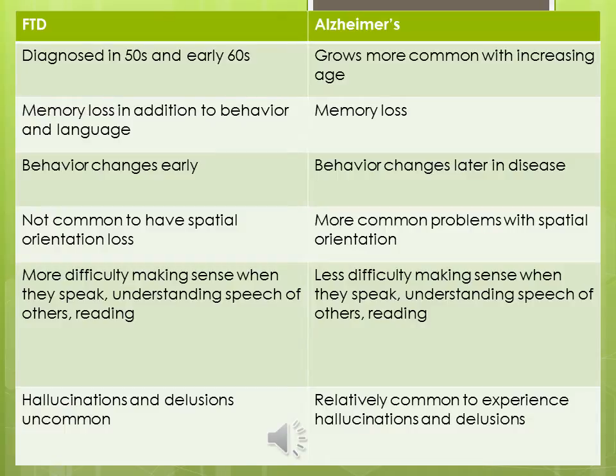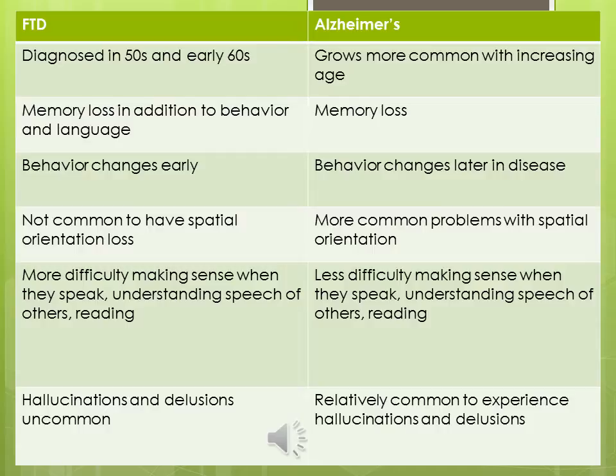So this is just a slide comparing FTD and Alzheimer's. As you can see, it maps out the differences between both conditions. FTD is diagnosed in the 50s and early 60s. Alzheimer's grows more common with increasing age. With FTD, there's behavior and language change in addition to memory loss, and with Alzheimer's, there's often just memory loss.